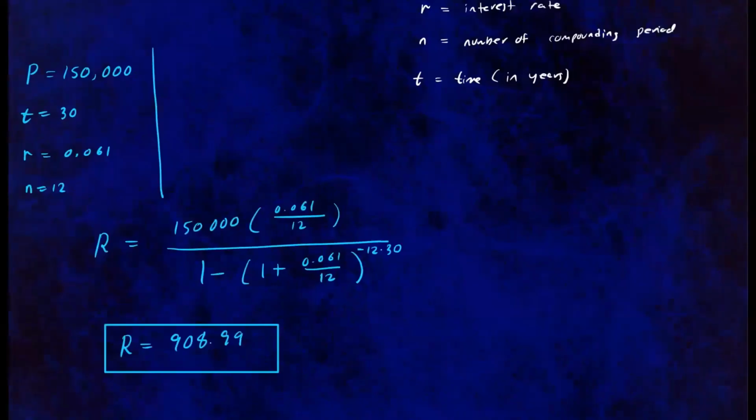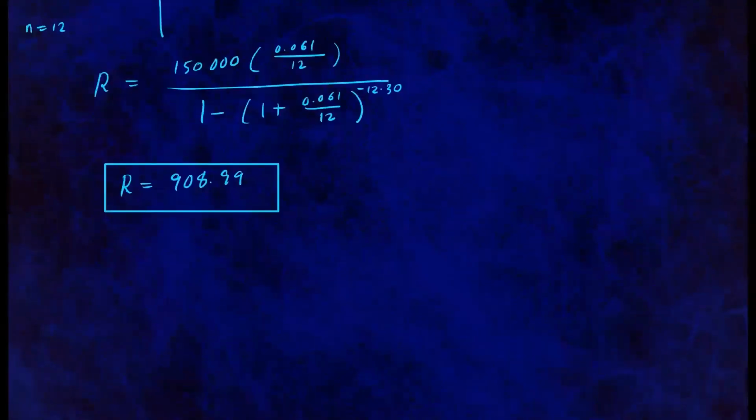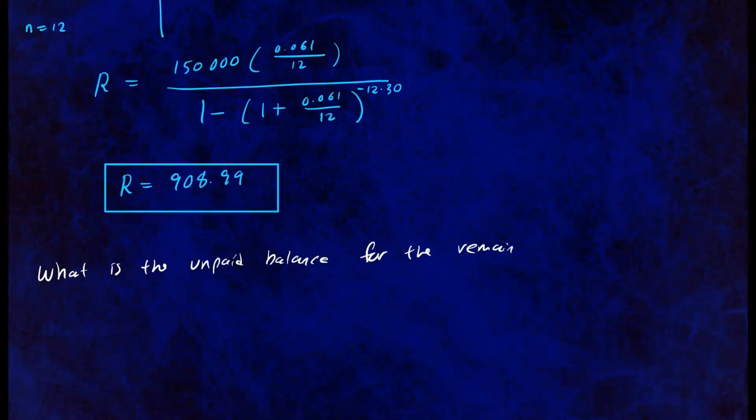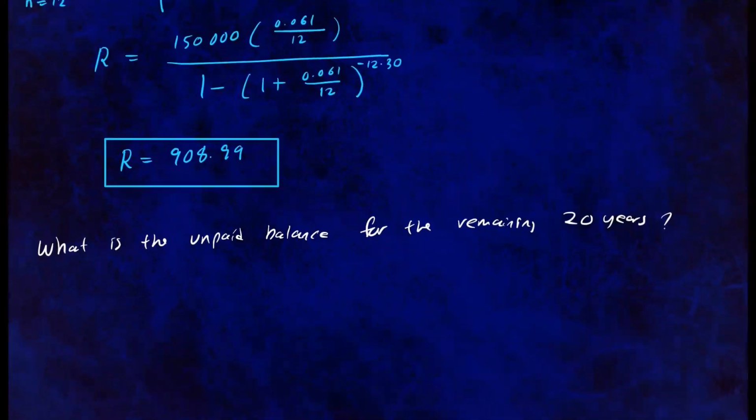So we want to know the unpaid balance for the remaining 20 years on this loan. That means the unpaid balance after 10 years. So we're going to be using a time of 20, assuming the same interest rate.